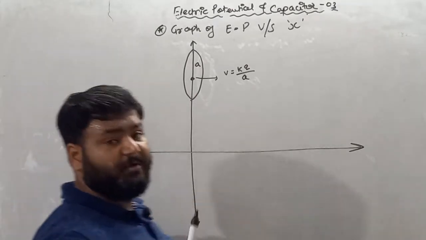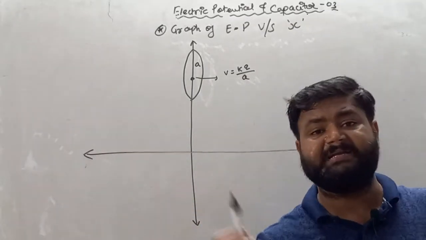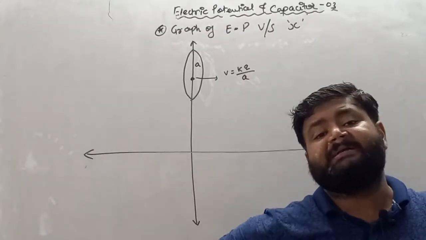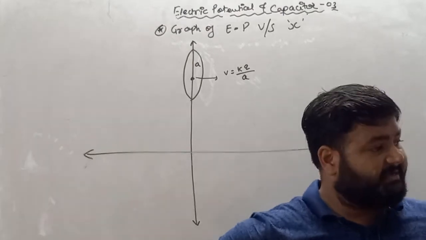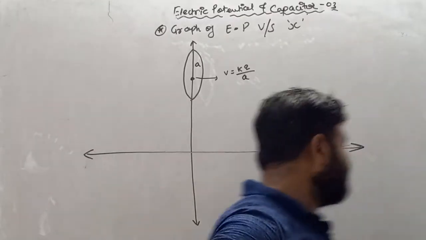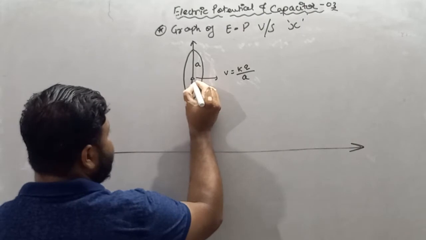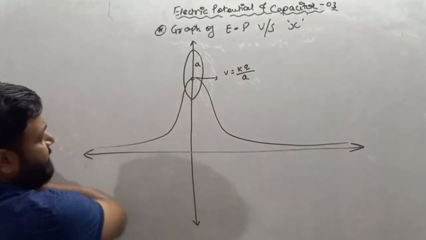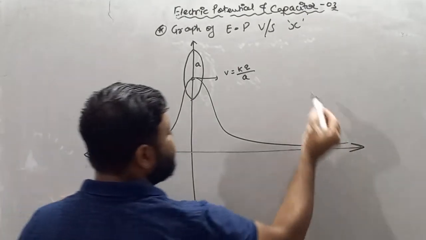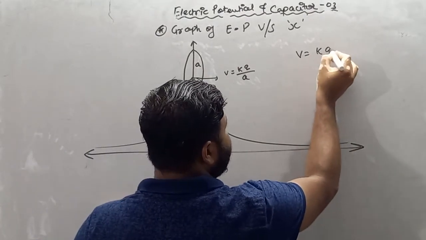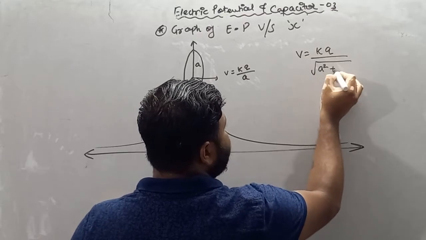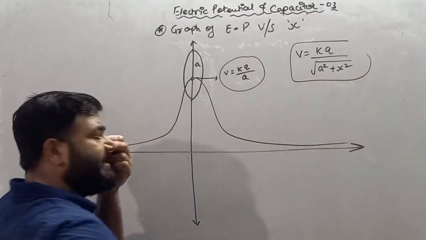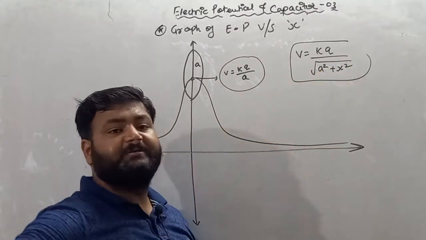So if any graph becomes 0 when it tends to infinity, then the graph will become parallel to x-axis, my dear student. So the graph must be like this, and if charge is negative, then it comes like this. We know that the value of potential is kq by under root a square plus x square. At center it is kq by a, and at any point x it is kq by under root a square plus x square.